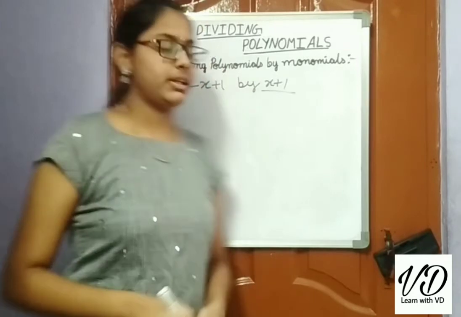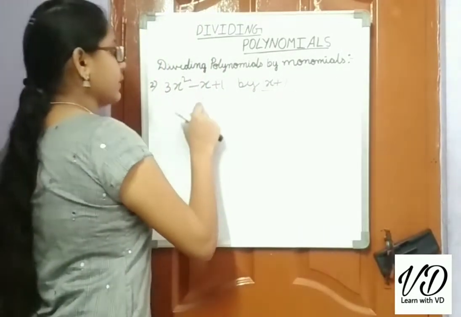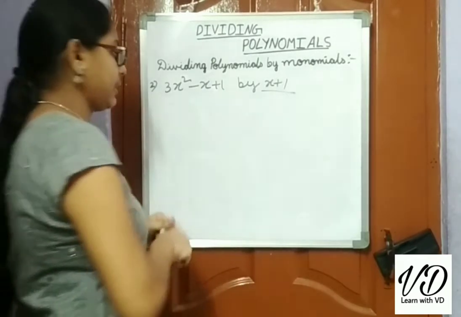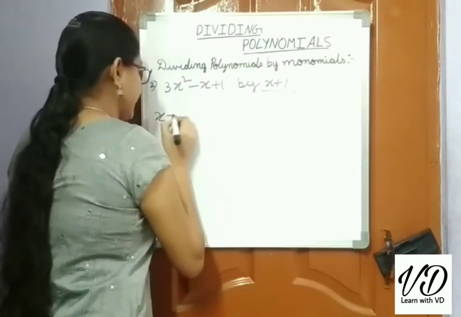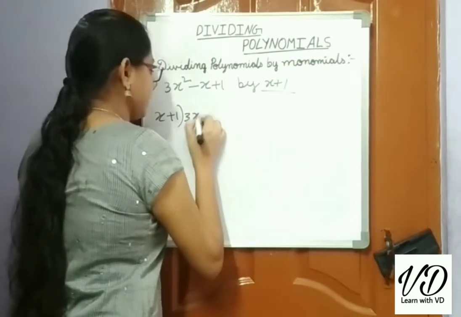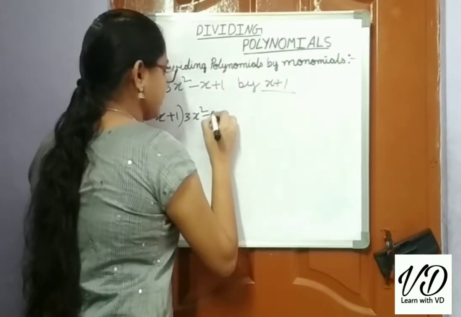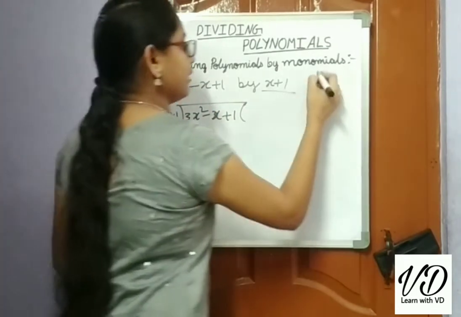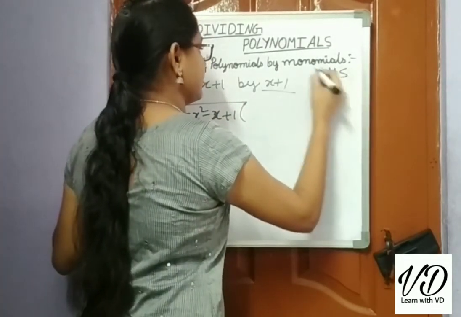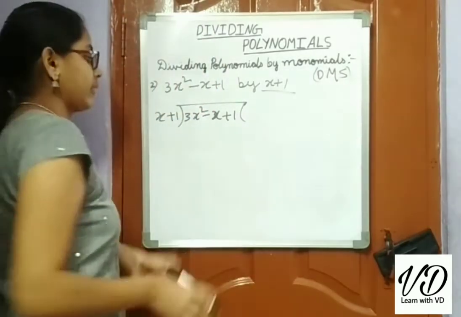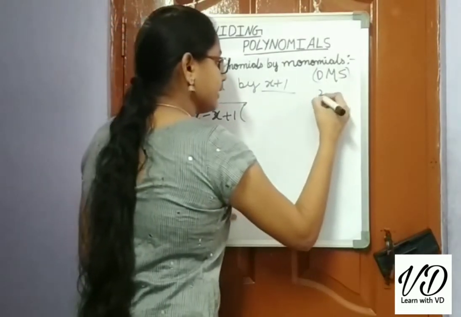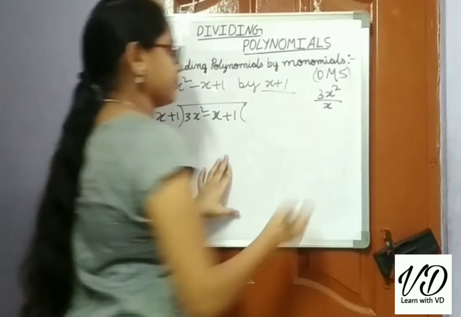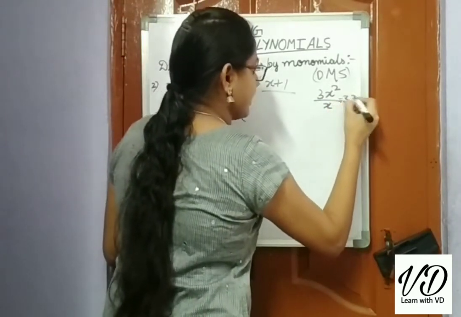Let's take another example here: 3x square minus x plus 1 divided by x plus 1. Here again we need to do DMS. D: dividing the first term of the dividend with the first term of the divisor, we get 3x here.